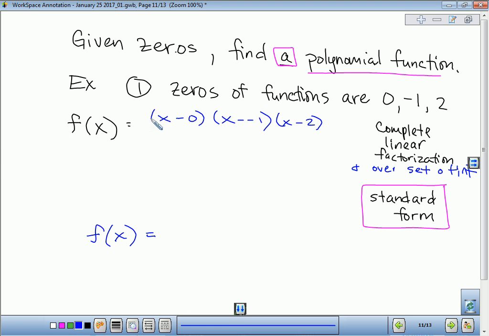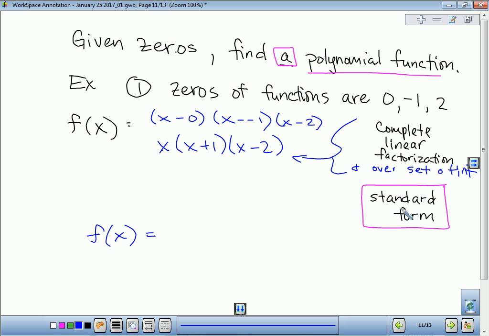Well, of course, we're beyond writing x minus 0, so you would just make this an x. And you would make this x plus 1 and make that x minus 2. Now, this is interesting because if we had started with standard form, this would be both the complete linear factorization and factored over the set of integers. It would be both.